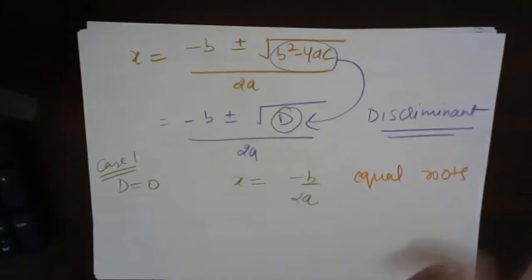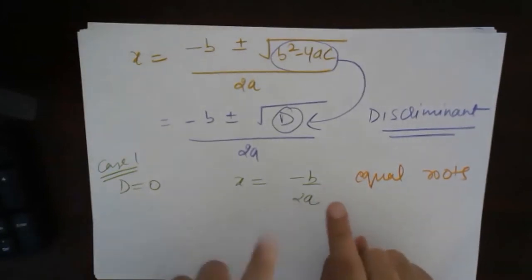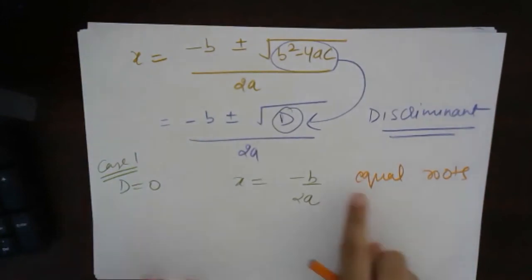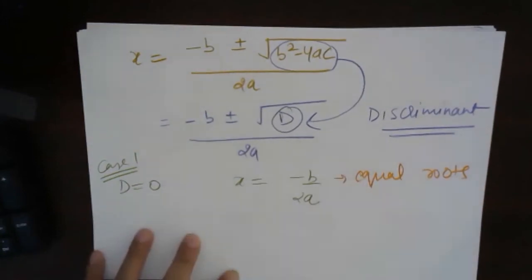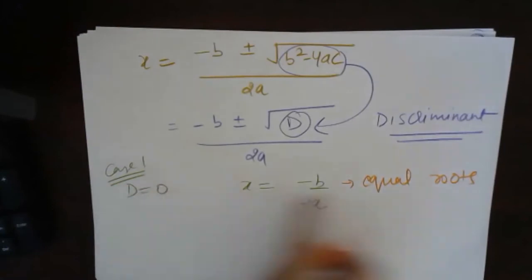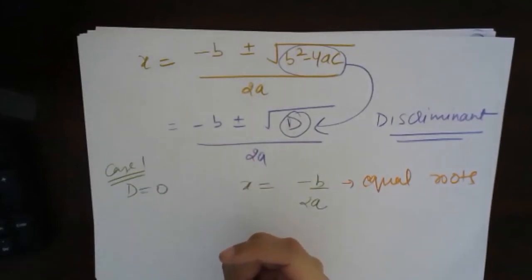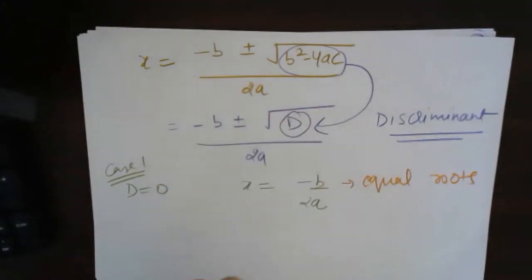In this case, both roots are equal. That is why you are able to see only one. We will say this is equal roots. Fine. So the first case is when d is equal to 0, x is equal to minus b by 2a. You will understand what is meant by equal roots when I take the second case.